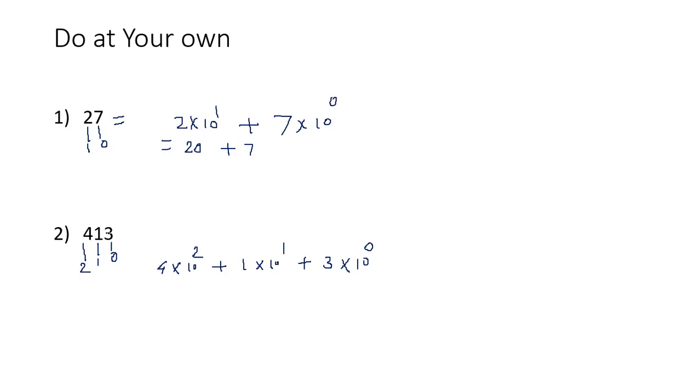You have to look at the position, and these all are multipliers, right? So it's nothing but 400 plus 10 plus 3, and that comes out to be 413. Right, so I hope you can expand any decimal number like this. This is very important. This is the basics which we're going to apply for other number systems also.